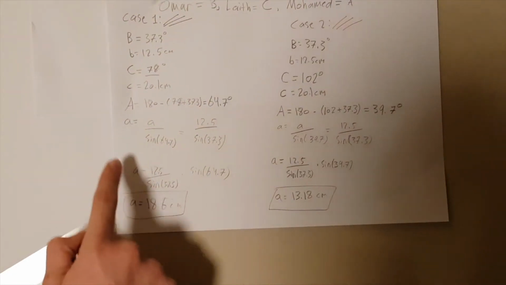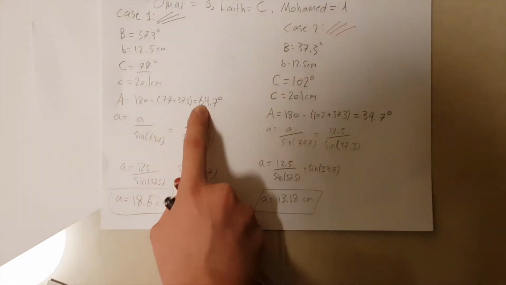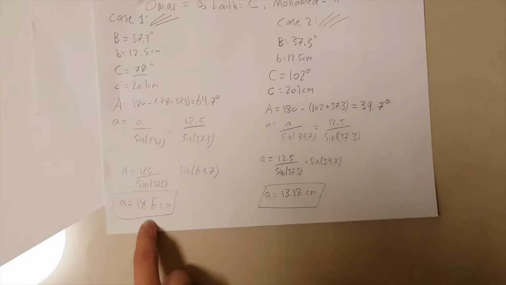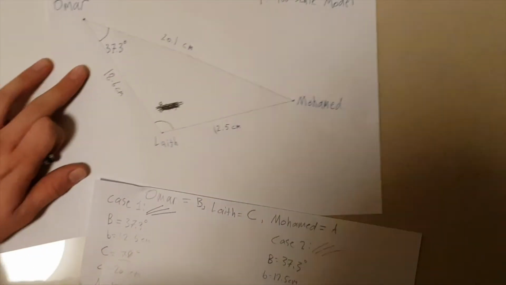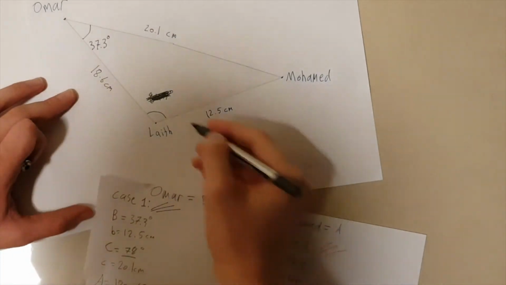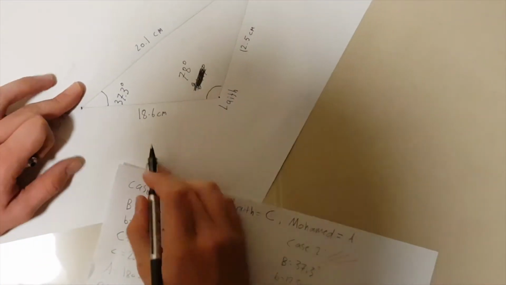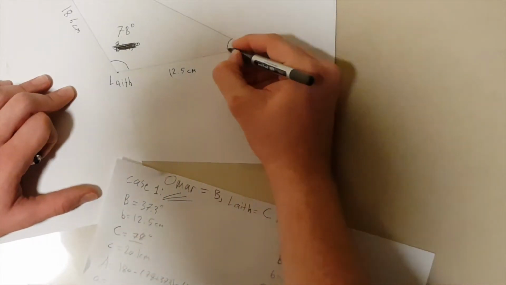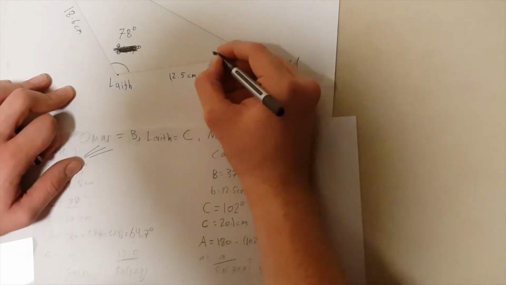So after we use the sine law, we find out that angle A is 64.7 and side A is 18.6 centimeters. So for the first case, we find out that this angle is equal to 78 degrees. This side is equal to 18.6, and Muhammad's angle is equal to 64.7.